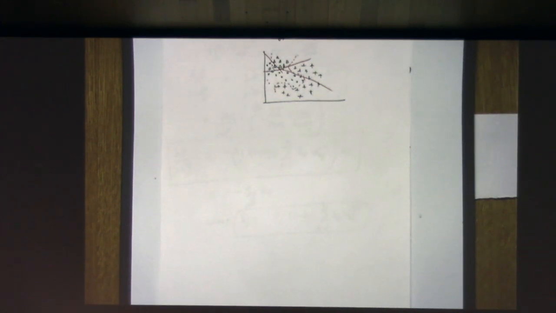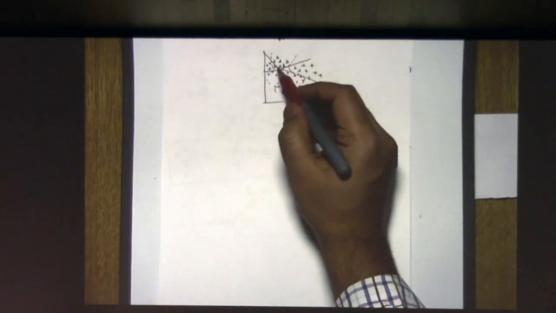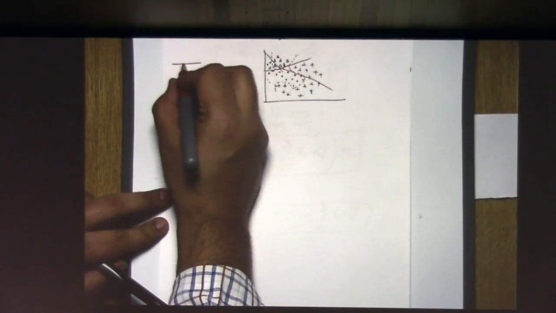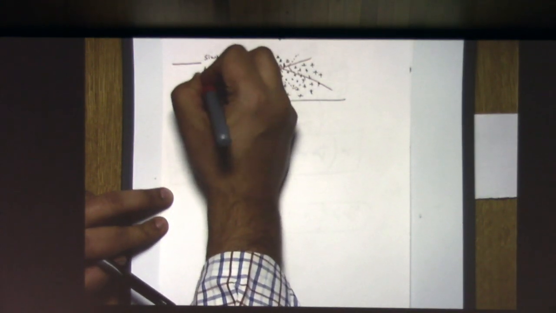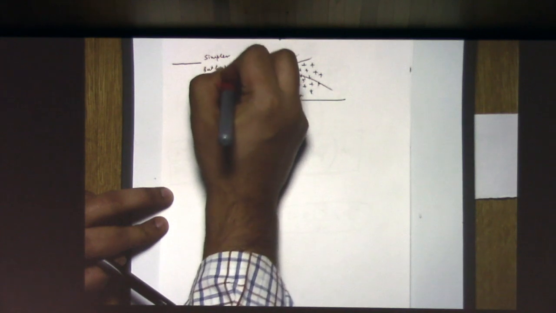Of course, this solution has a lot of training errors, but one characteristic of this solution is that it is simpler. So the one that I denote with a straight line is simpler but has high training error.